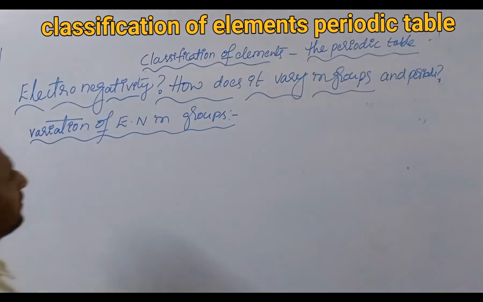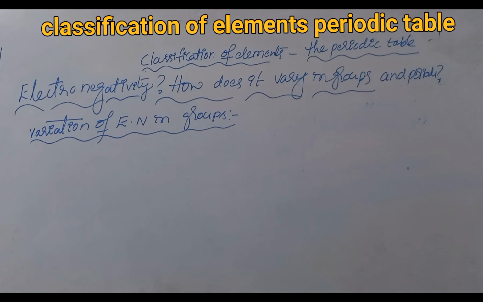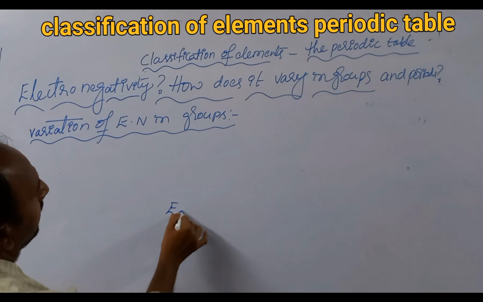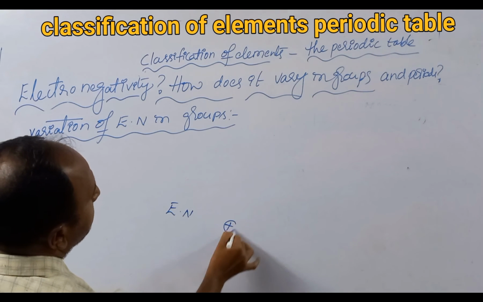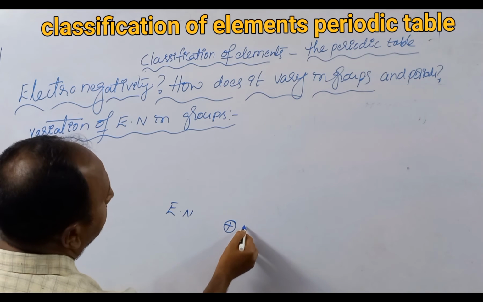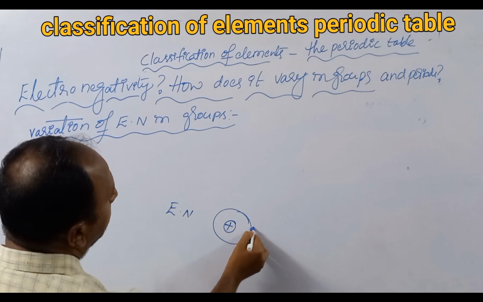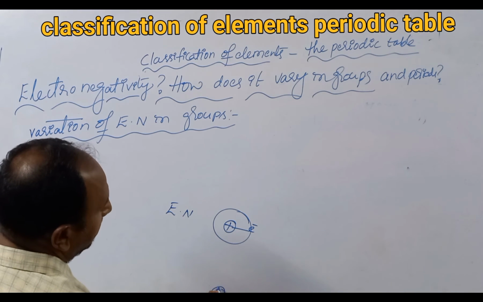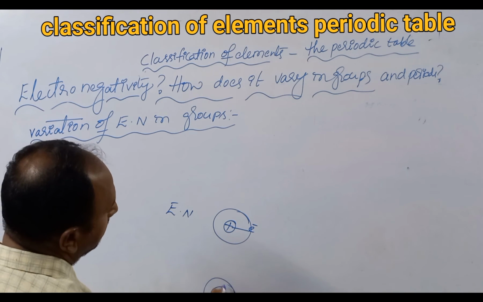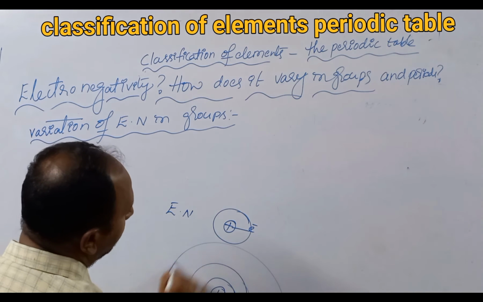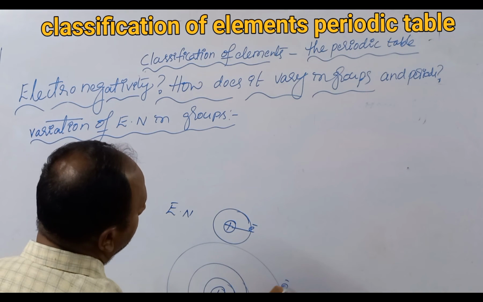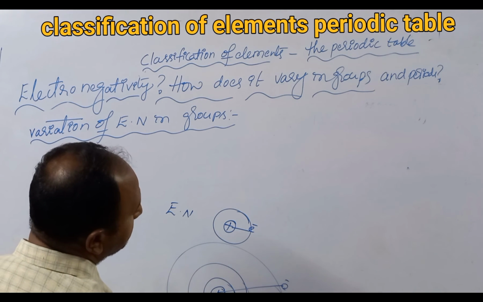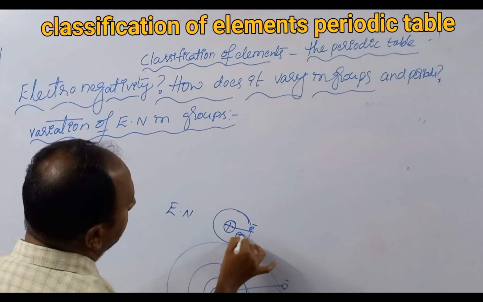You can understand electronegativity more simply: it is the nucleus, it is the shell, it is the electron, and between them there is attraction, from the nucleus of the atom to the valence shell. This is the attractive force from the nucleus to the electron.